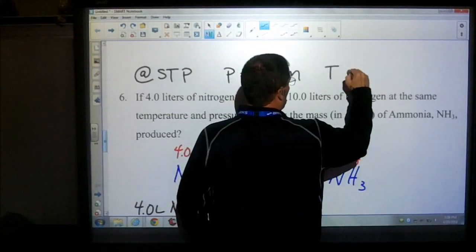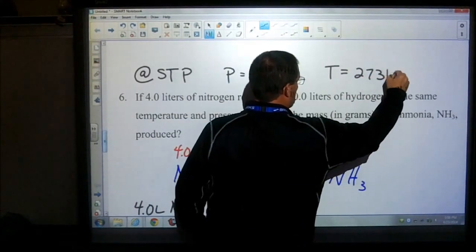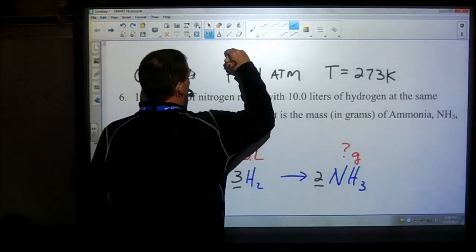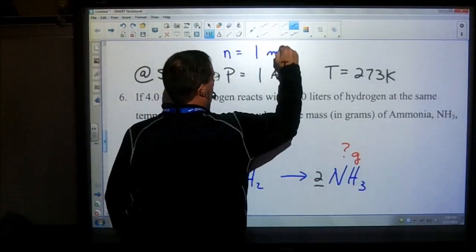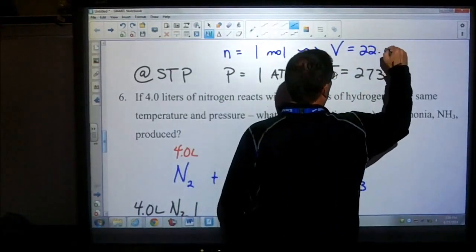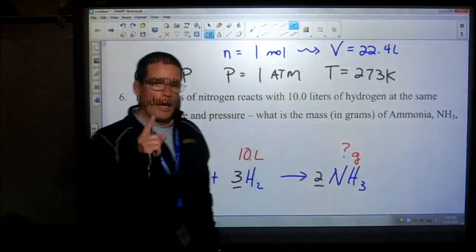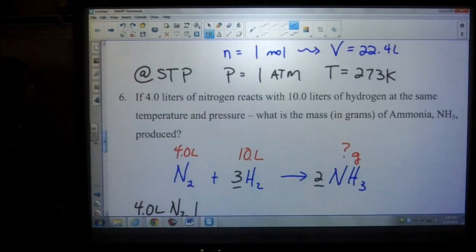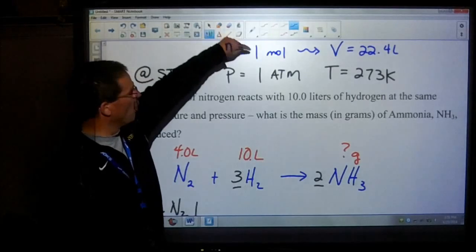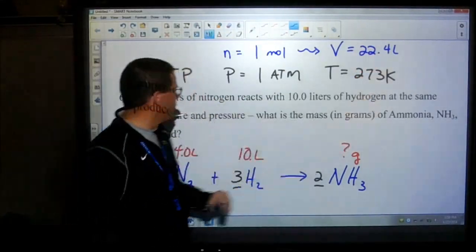The temperature is equal to 273 Kelvin. But more importantly, 1 mole of a gas has a volume equal to 22.4 liters. Okay, so that's the really important component of STP. True, the pressure and the temperature are there, except 1 mole of any gas has a volume of 22.4 liters.